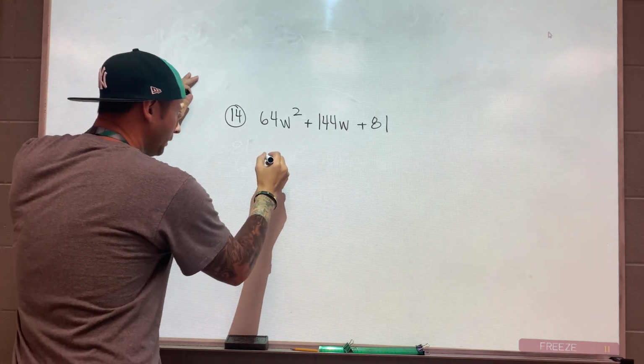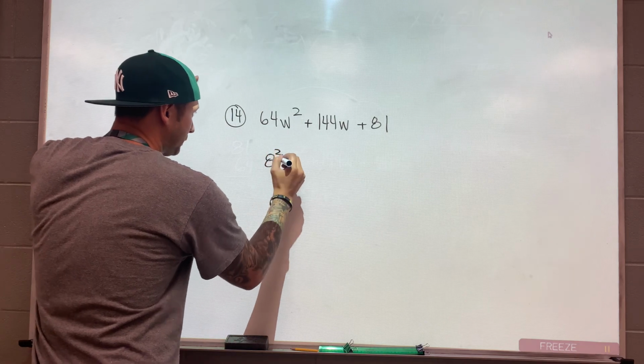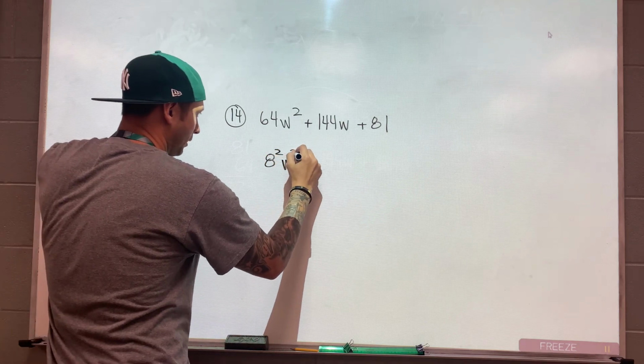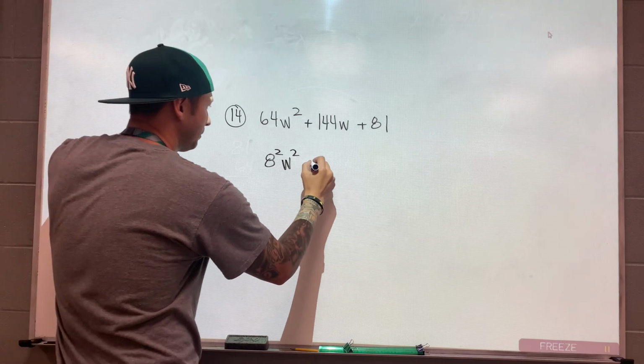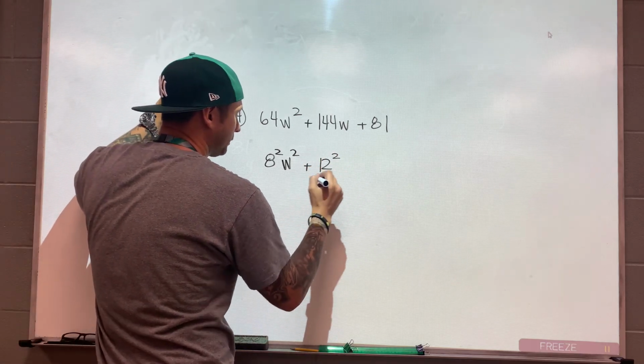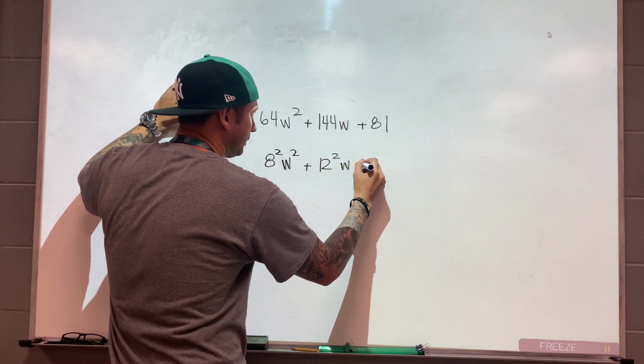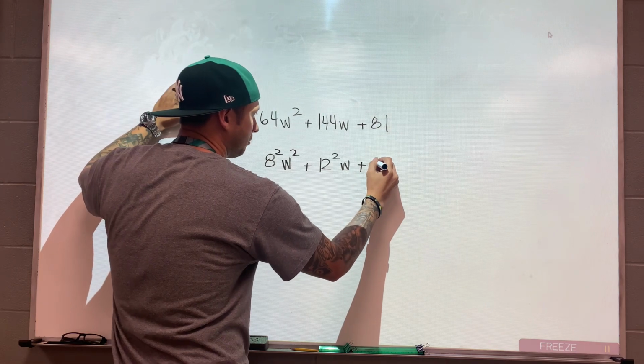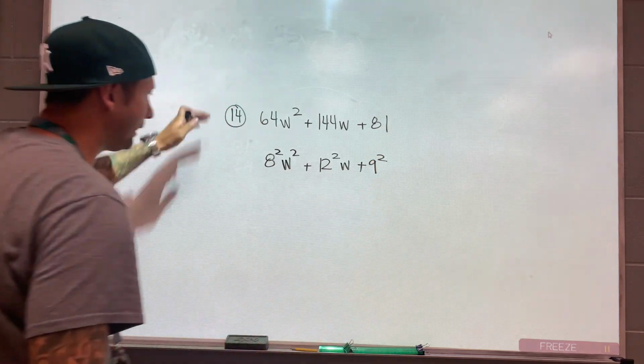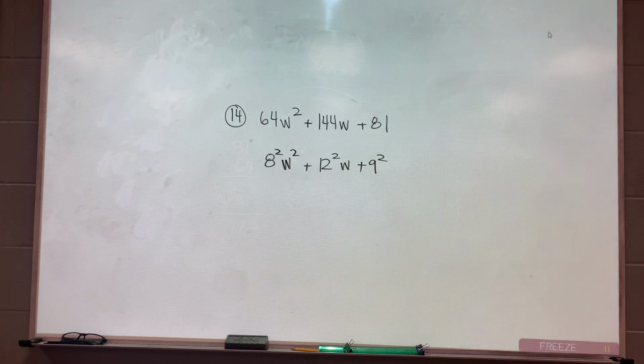So 64 is 8 squared, w squared, 12 squared, plus 9 squared. And we're going to apply the perfect square property for trinomials.